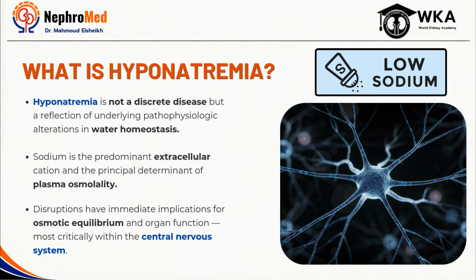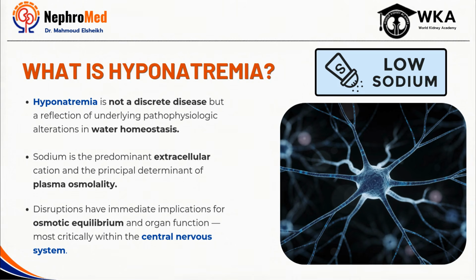Now, physiologically, sodium is the major extracellular cation and the primary determinant of plasma osmolality. So whenever serum sodium starts to fall, plasma tonicity changes, water shifts across cell membranes, and that immediately affects cellular function. And the organ most sensitive to these osmotic shifts is the central nervous system.